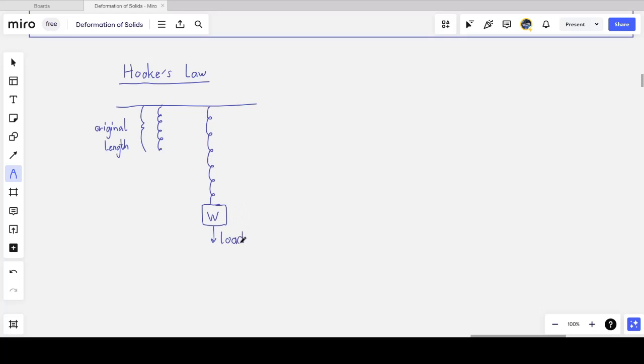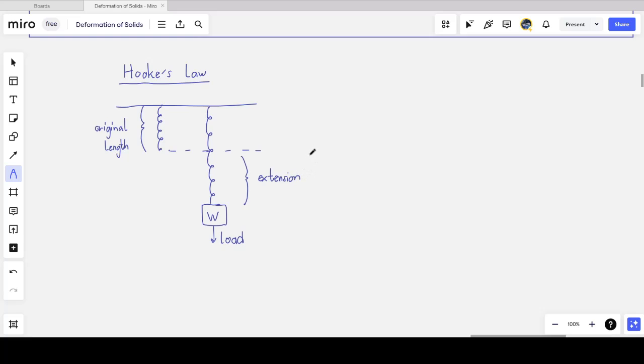So the load is the force that is actually causing the spring to extend, and the additional length that the spring now takes on is called the extension.